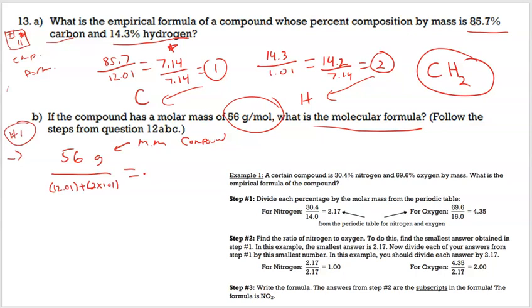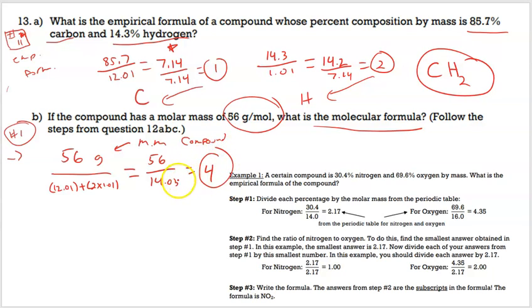Right? So we're going to get 56 divided by 14.03. And that should come out to a nice number of 4. 56.0 divided by 14.03. Yep. I get 3.99, but close enough to 4.